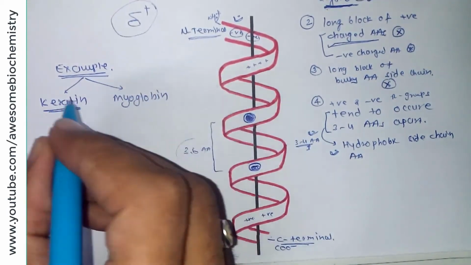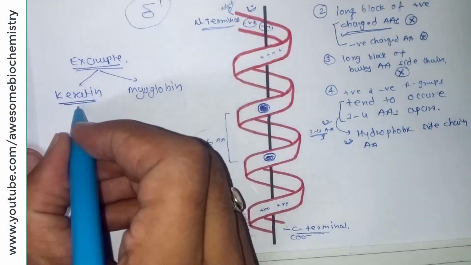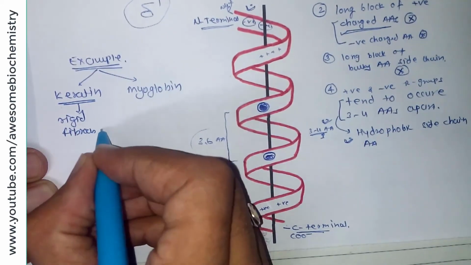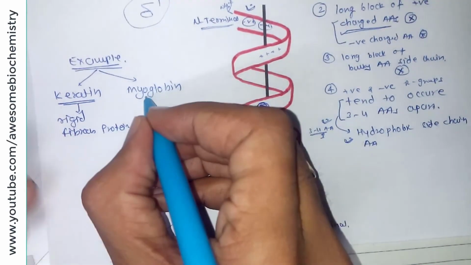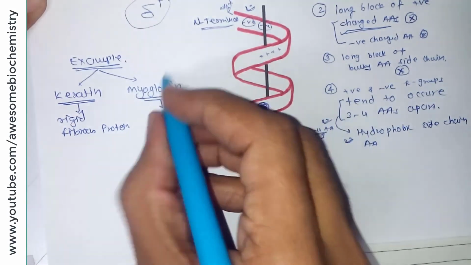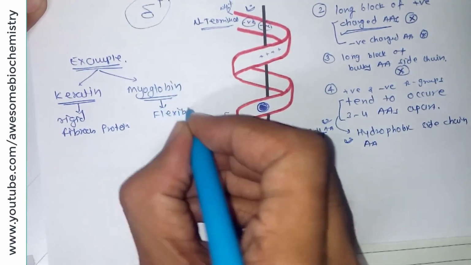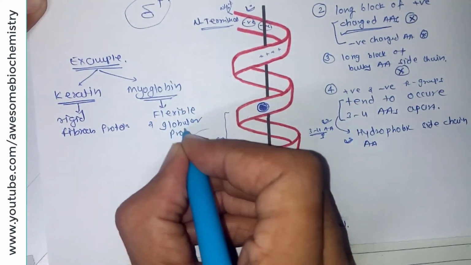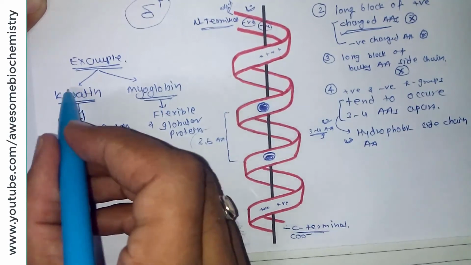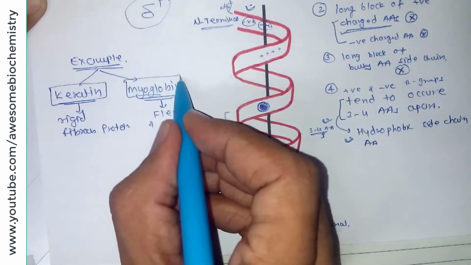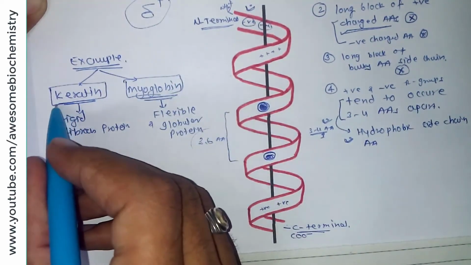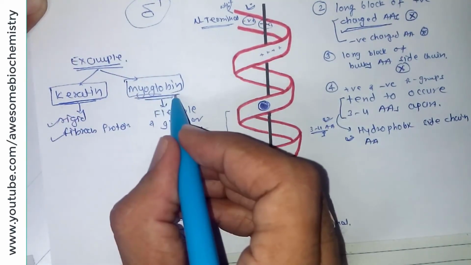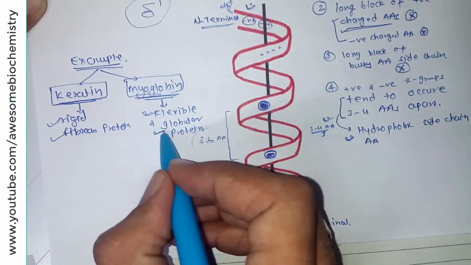Now, keratin is a rigid fibrous protein, whereas myoglobin is a flexible and globular protein, right. So, here you can see that both proteins have vastly different physical properties. On one side keratin is there, which is a rigid and fibrous protein. On another side myoglobin is there, which is a flexible and globular protein.